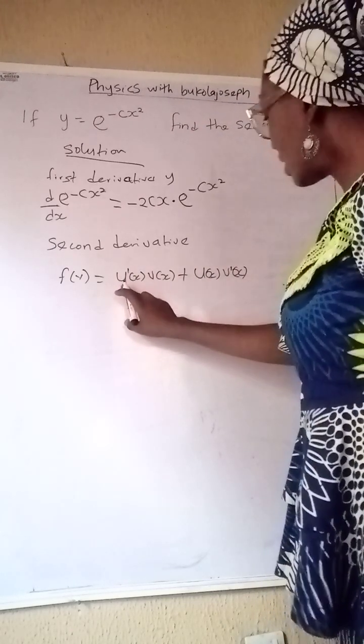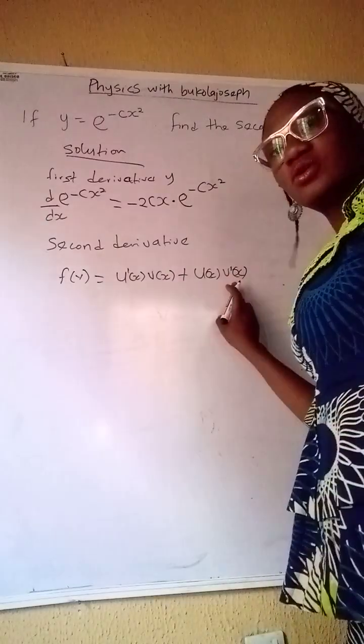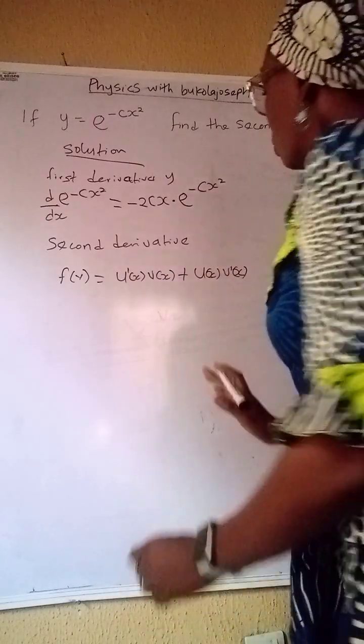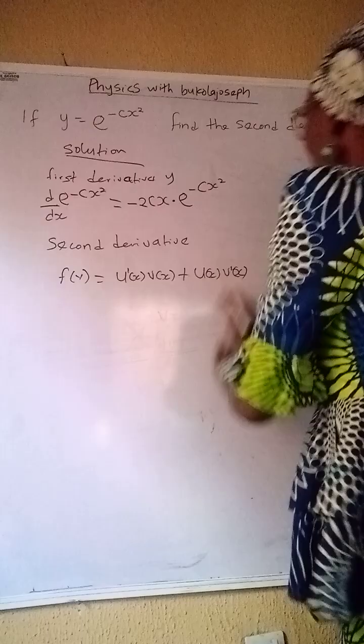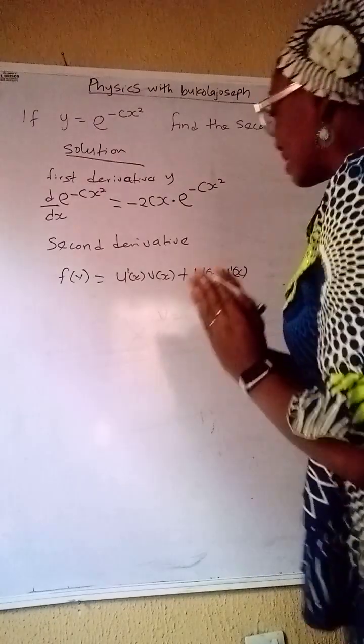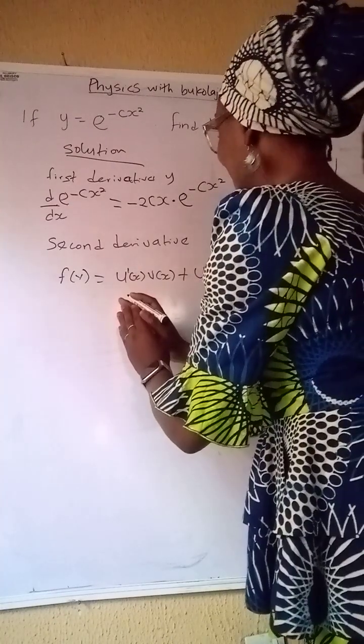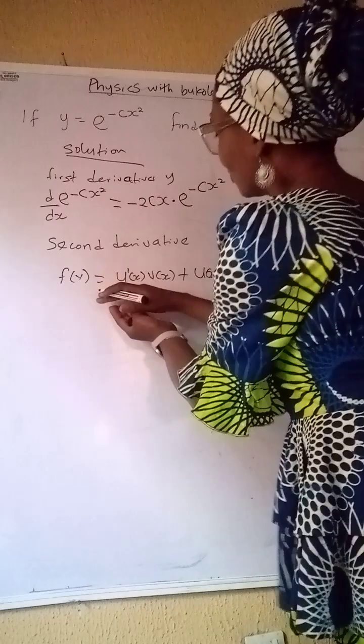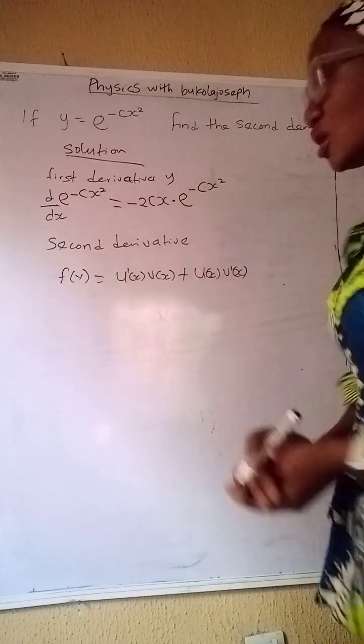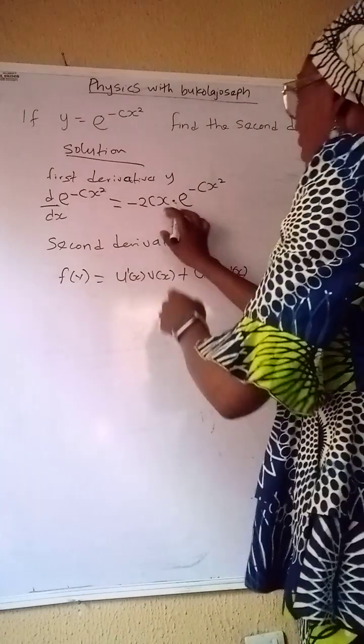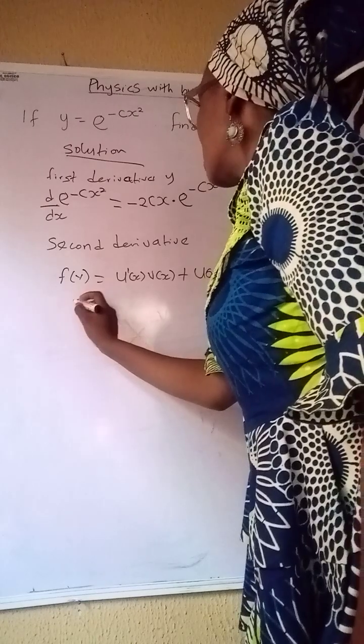We differentiate u and keep v, then we keep u and differentiate v. So now let's use this. From what we have, this is what we are going to be using.